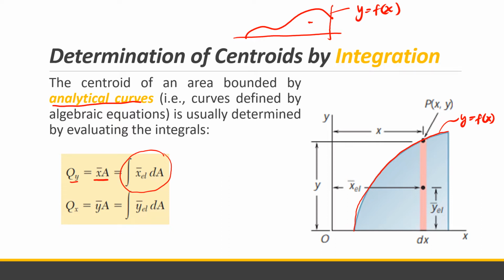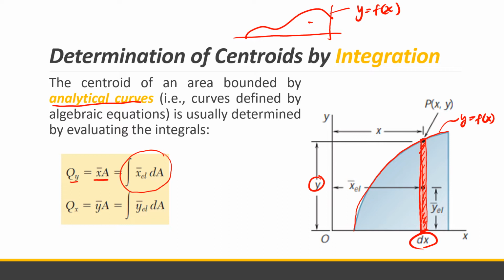So say for example, kukuha tayo ng strip lang siya, like manipis lang na part. So itong part na to, no? Okay, so say this is a rectangular strip with length y and width dx, very minute din na x.